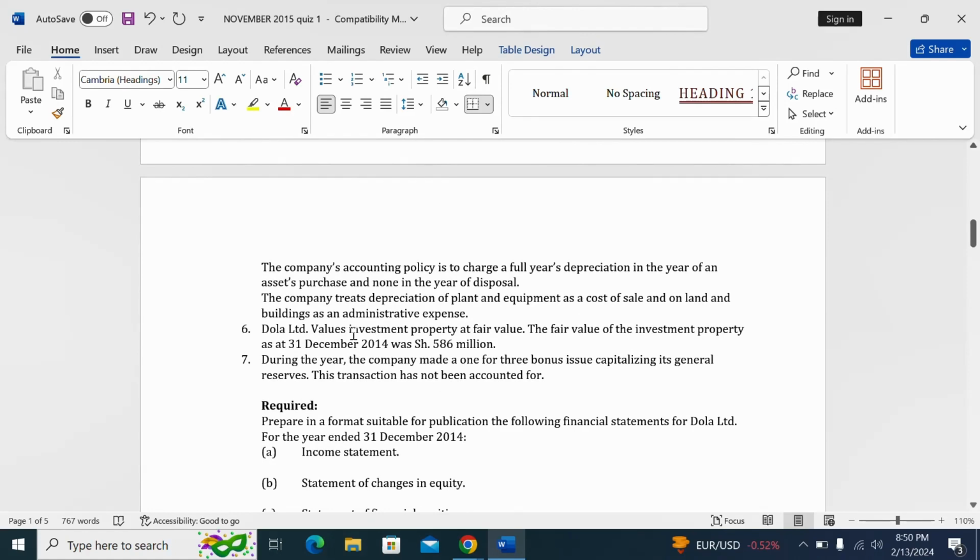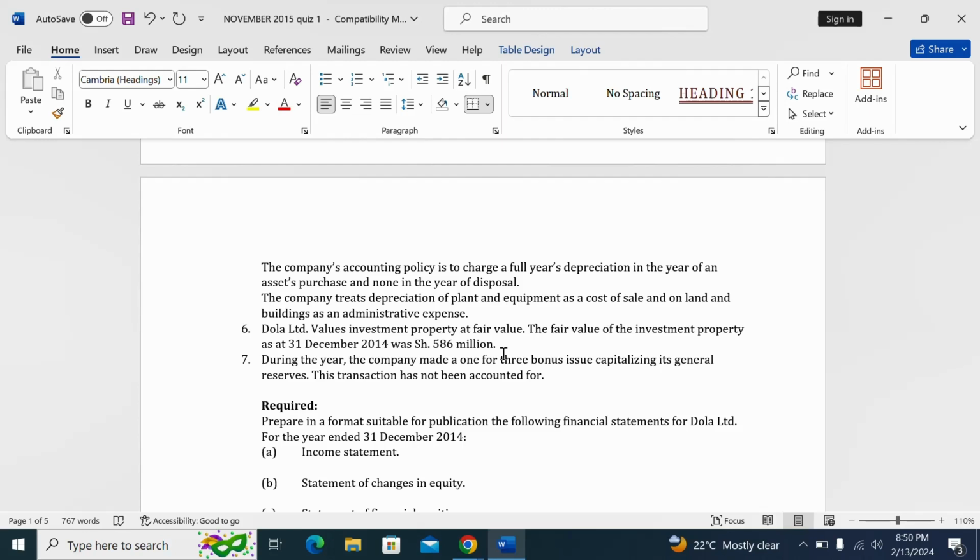Dora Limited values investment property at fair value. The fair value of the investment property as at 31st December 2014 was shillings 586 million. Therefore, here you are just supposed to calculate the gain or the loss in fair value.